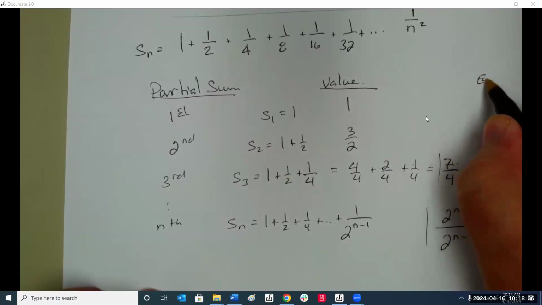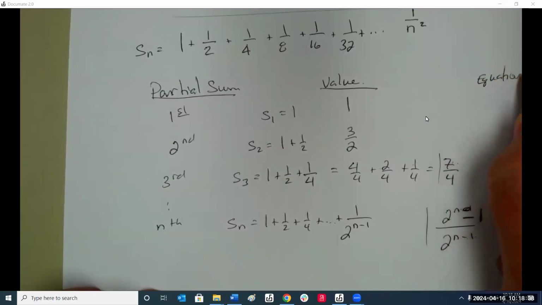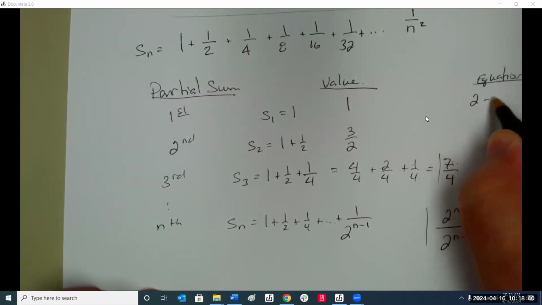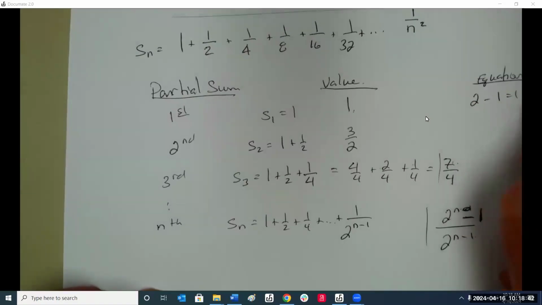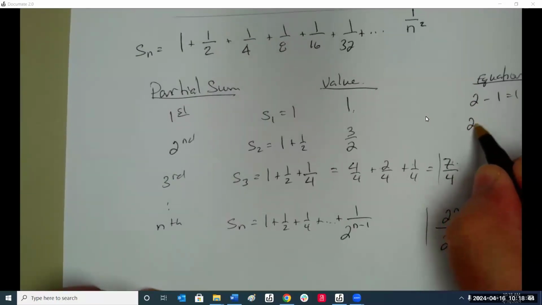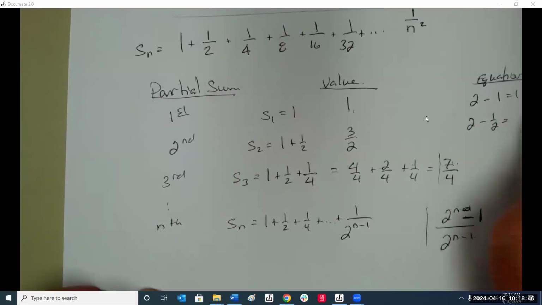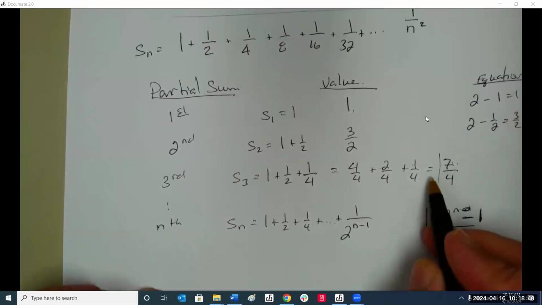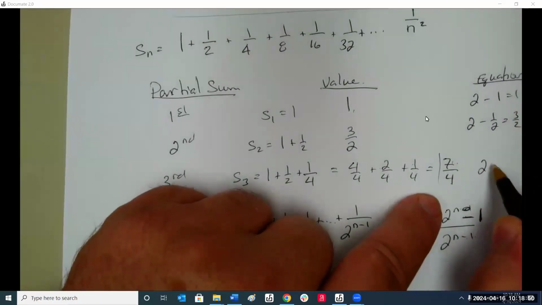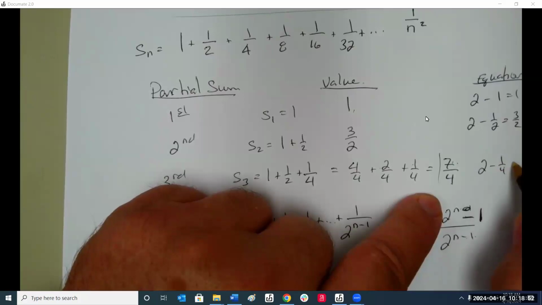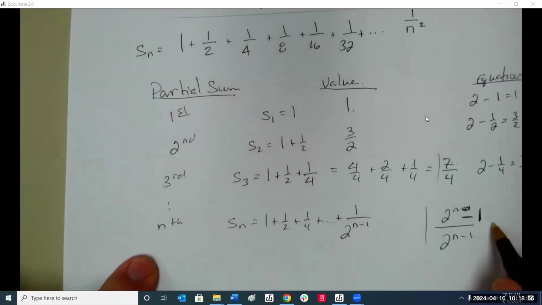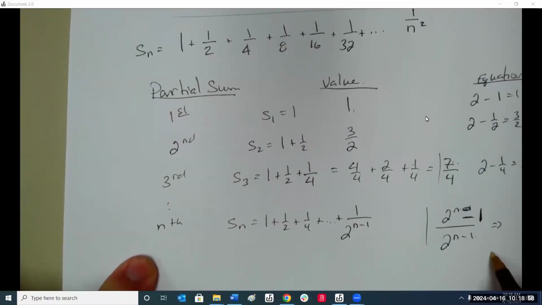Here's the equation: it's going to be 2 minus 1, 2 minus 1/2, 2 minus 1/4, and going on, 2 minus 1 over 2 to the n minus 1.